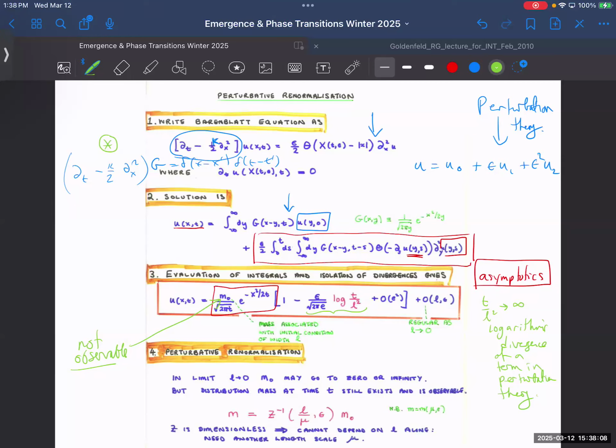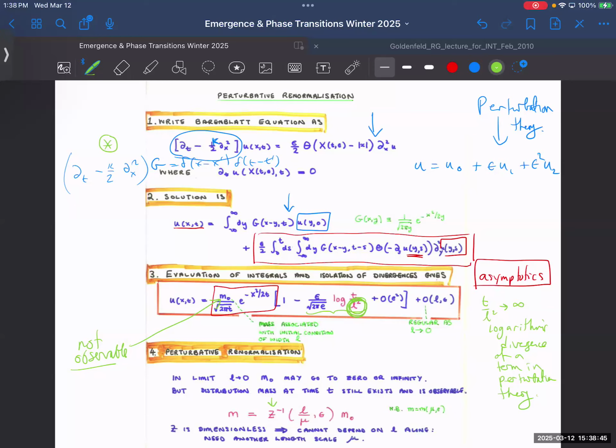But it's going to have some dependence on L. Since this renormalization constant Z has to be dimensionless, if it depends on L, then it has to depend on another length scale, and there's no other length scale in the problem. So you say, okay, let's just make one up, a unit of length. It could be a foot, it could be a light year, it could be anything you want.